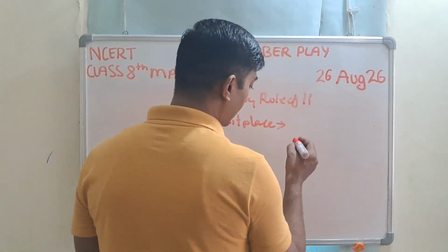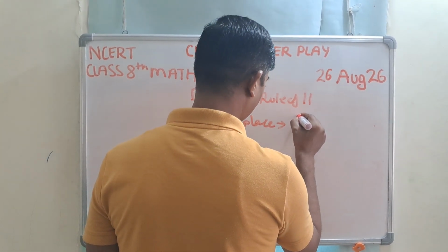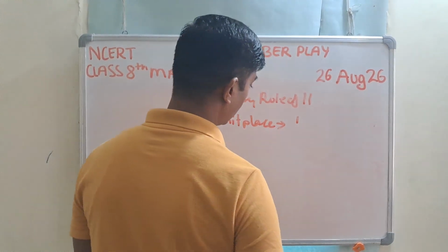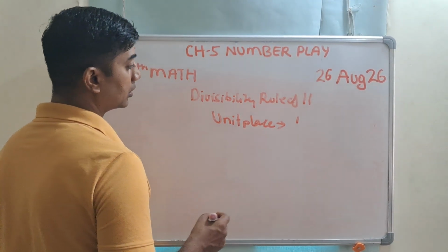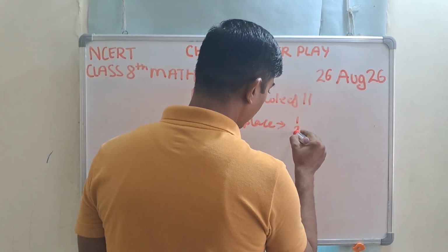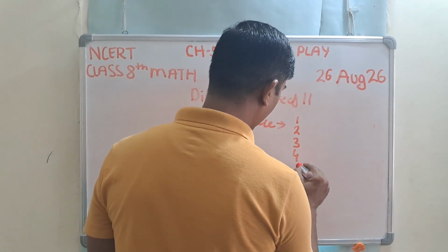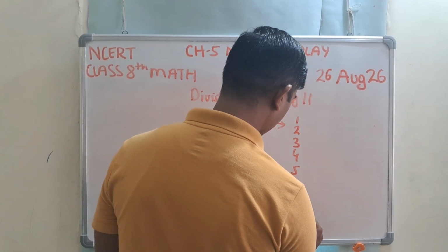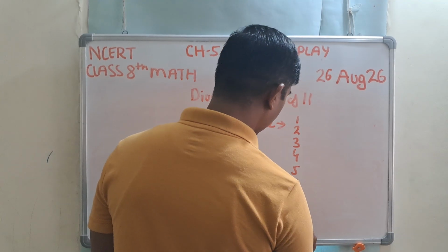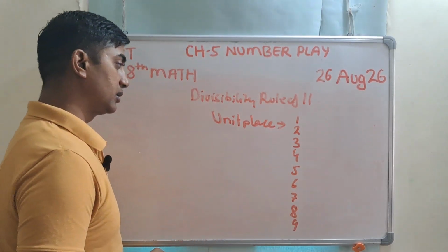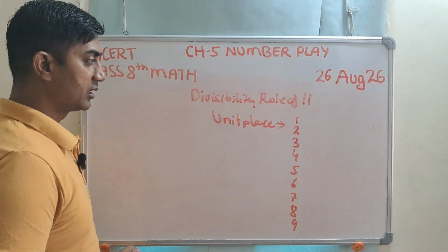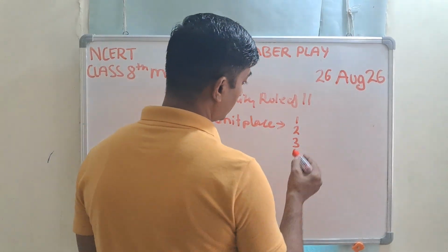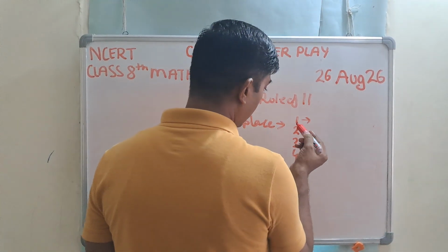If you have unit place 1, 2, 3, 4, 5, 6, 7, 8, 9, these are all the numbers which are at the unit place, and what result will you get?